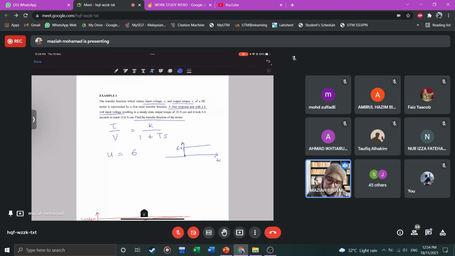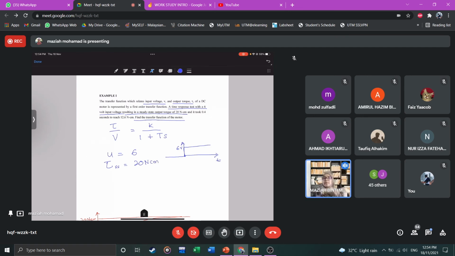The second information is a steady state output torque of 20 Newton centimeter. So we can write torque at steady state is equal to 20 Newton centimeter.